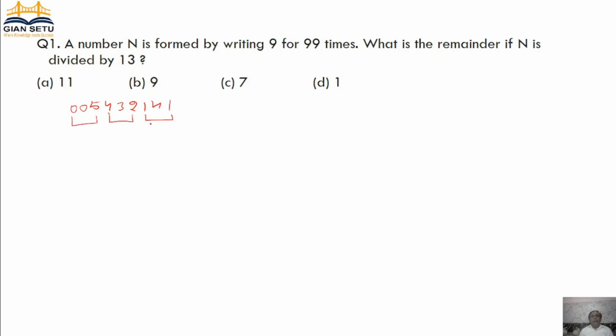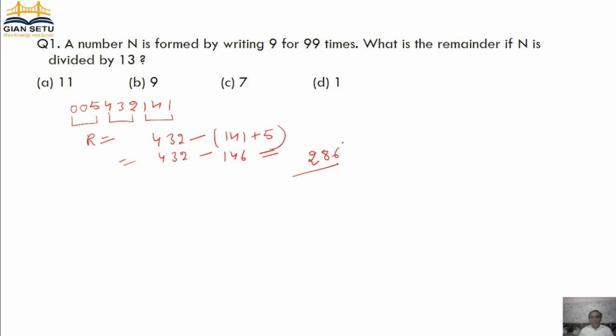Now if we add and subtract alternate numbers, we get the result: 432 minus 141 plus 5, and it will be 432 minus 146, and it will be 286.